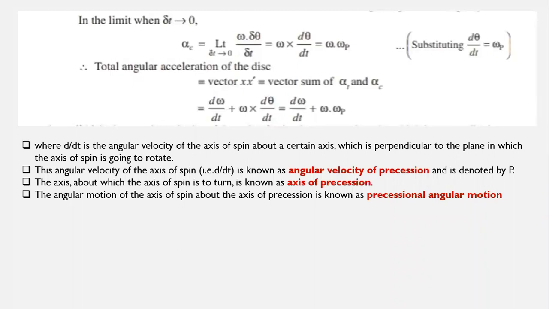And the last one: the angular motion of the axis of spin about the axis of precession is known as precessional angular motion. So when the disk is rotating about the axis of spin with a perfect axis of precession, it is known as precessional angular motion. These three are considered in the short answer questions.